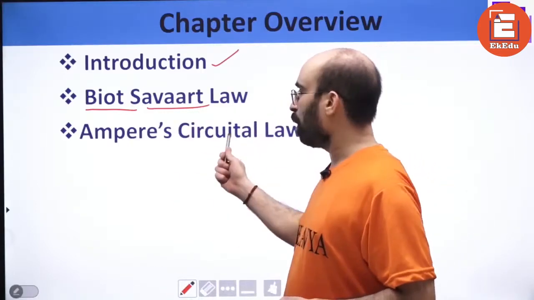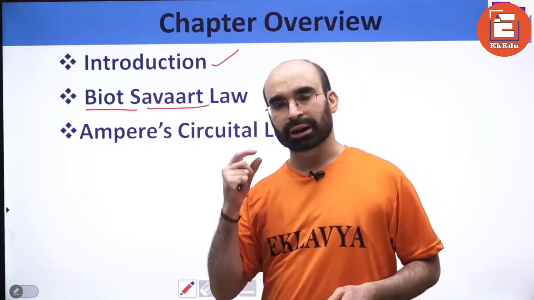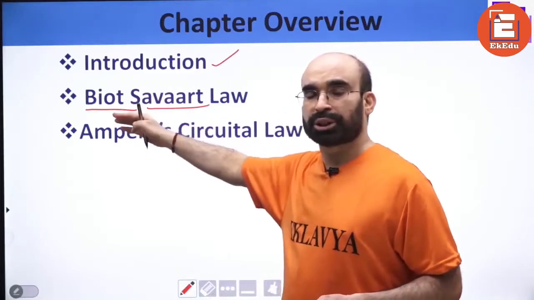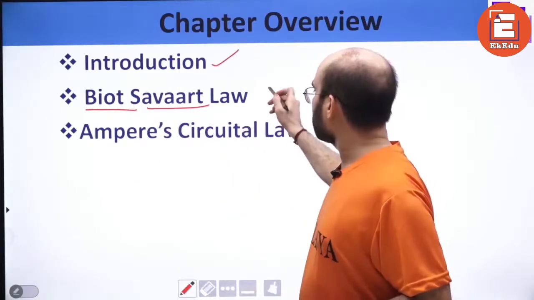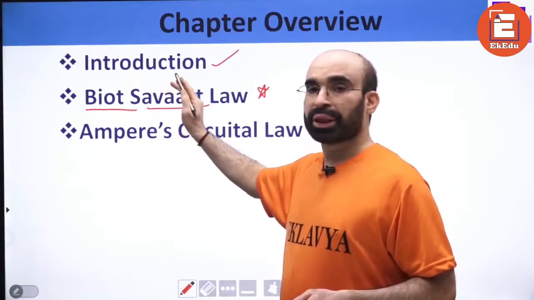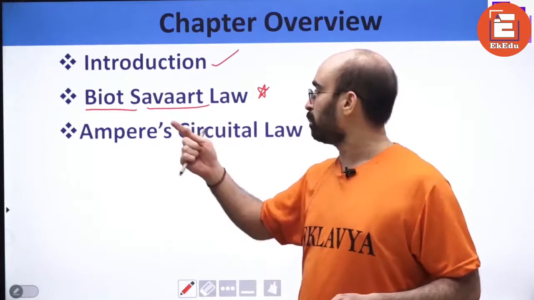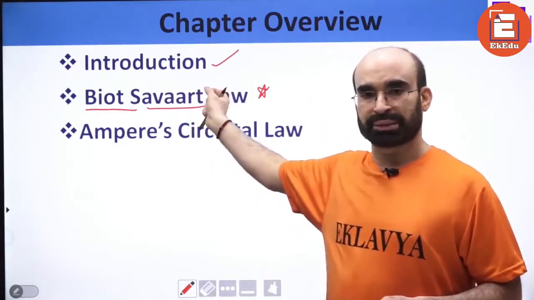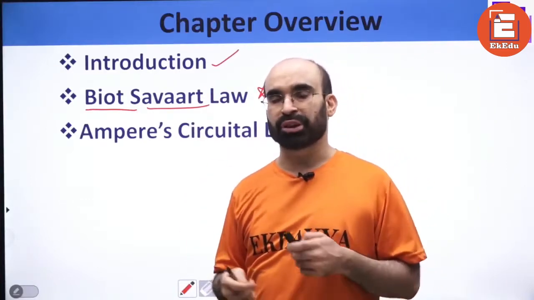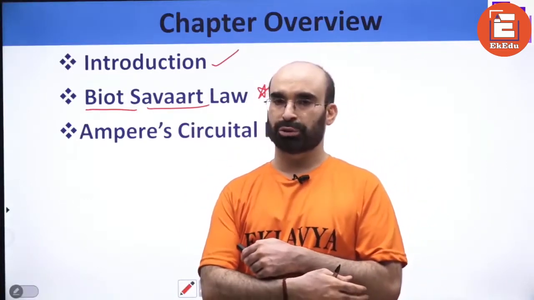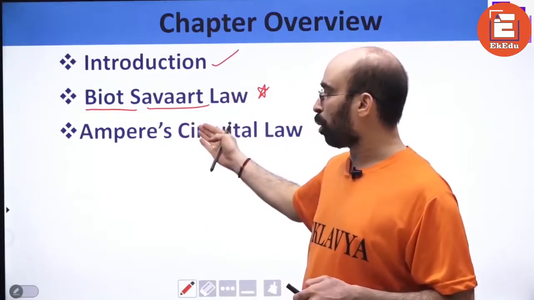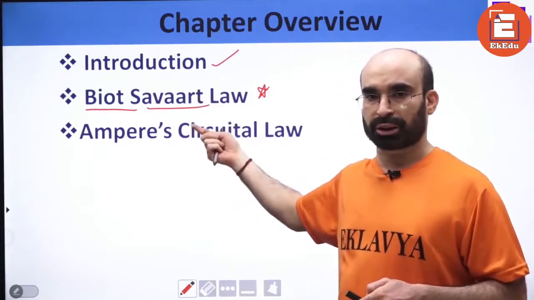There is another law to measure magnetic field. There is some fundamental difference between the two. This one can be considered very fundamental, due to a small current element, we have the basic concept, and Ampere's circuital law also gives us the magnitude and direction of the magnetic field.